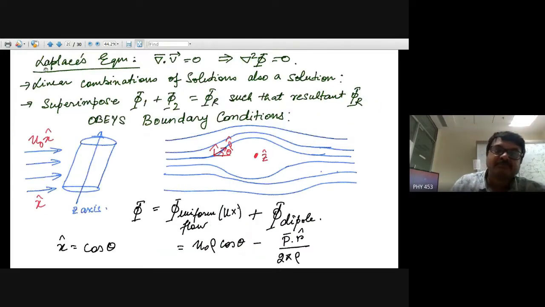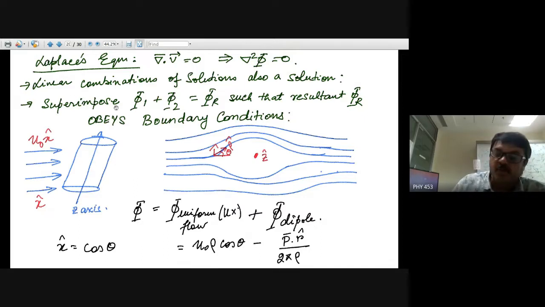Since we are really working with divergence v equal to 0, which corresponds to Laplacian of phi, the velocity potential, equal to 0, and we know from the solutions of Laplace's equation that any linear combination of solutions is also a solution, right? This is linear.